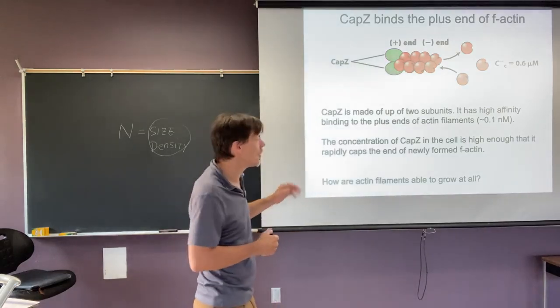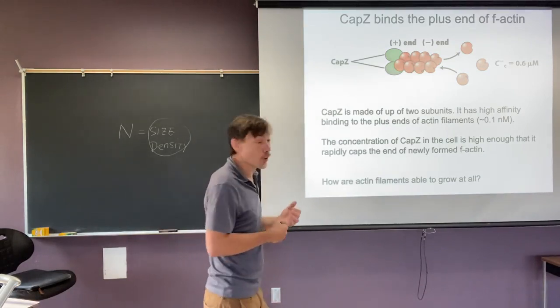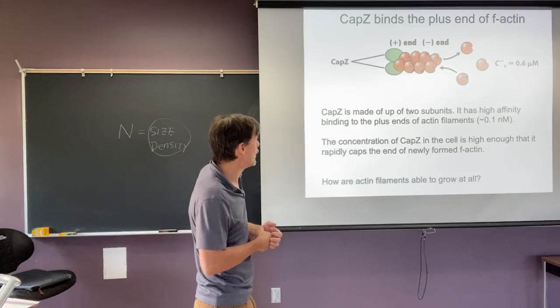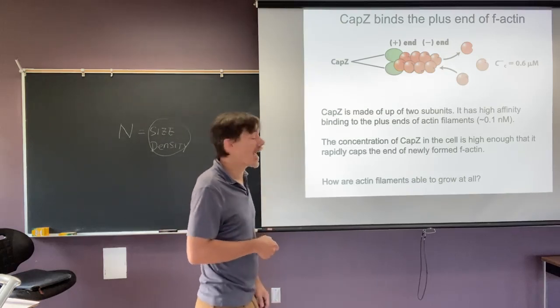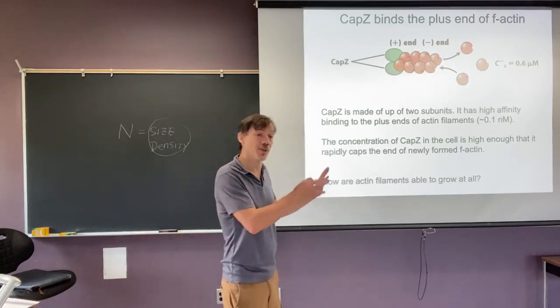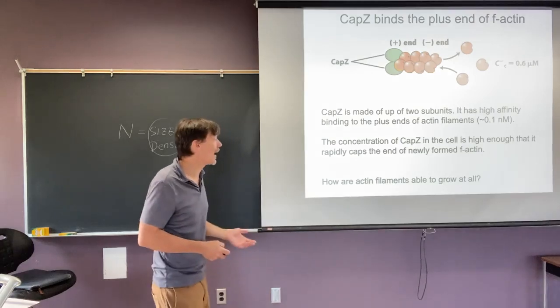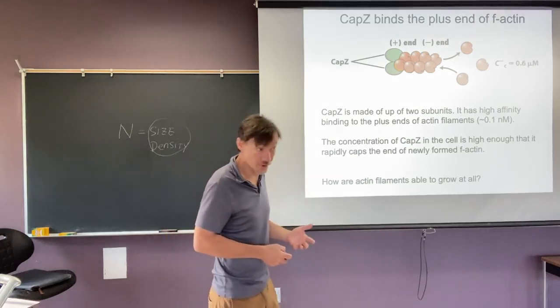So it's a very high affinity binding. And you would expect that CAP-Z is going to completely block all actin assembly, just based on the biochemistry, and it leads to the question of how actin filaments are able to grow at all in cells.